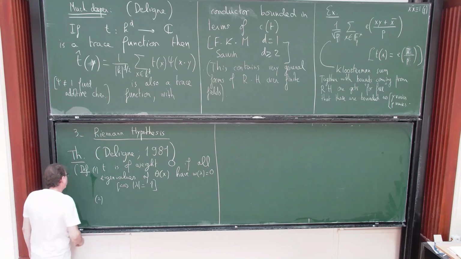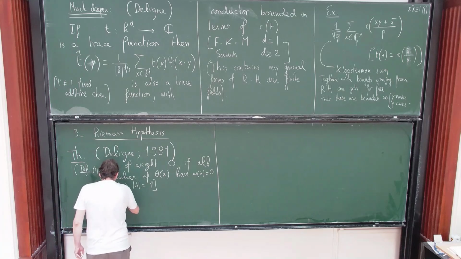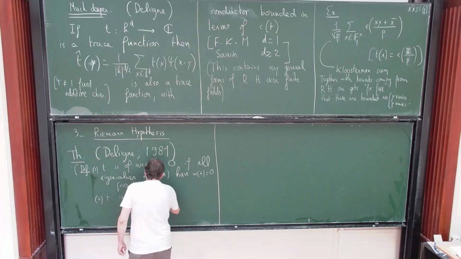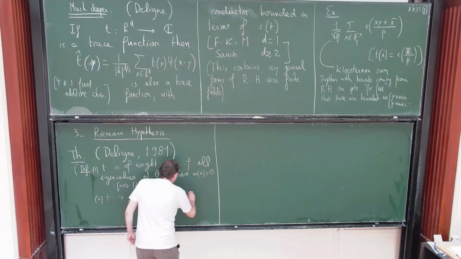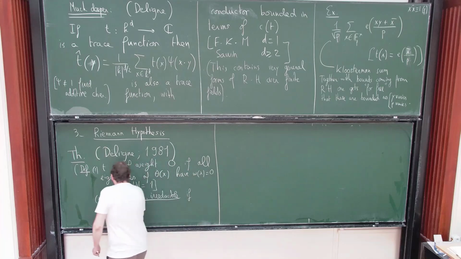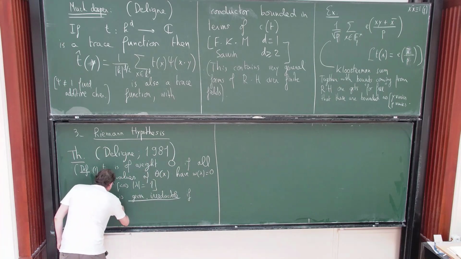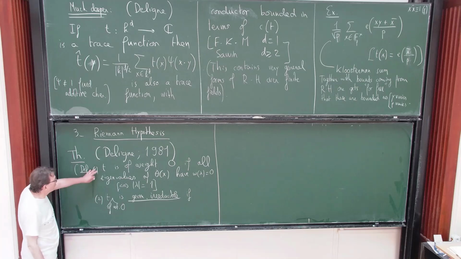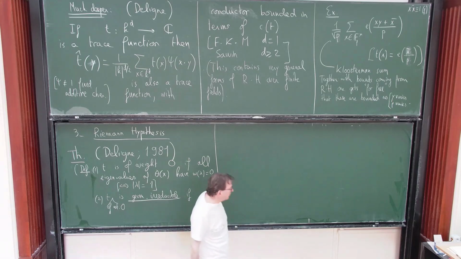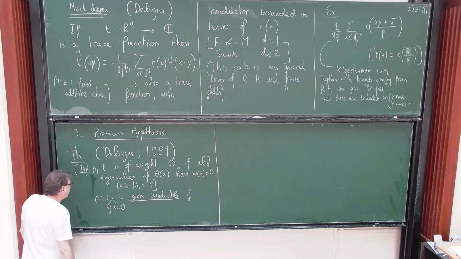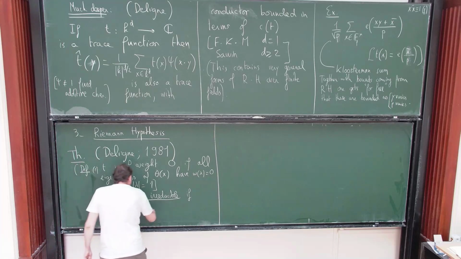And then there's a necessary condition, which is that one needs to know what is a geometrically reducible trace function. And this is where my definition will not be super precise. So I assume that T has weight 0. So I will assume I'm already in this case. So that's definitely the case where you take e of x to the power p, for instance. So if you take something of weight 0, it's going to be geometrically reducible.